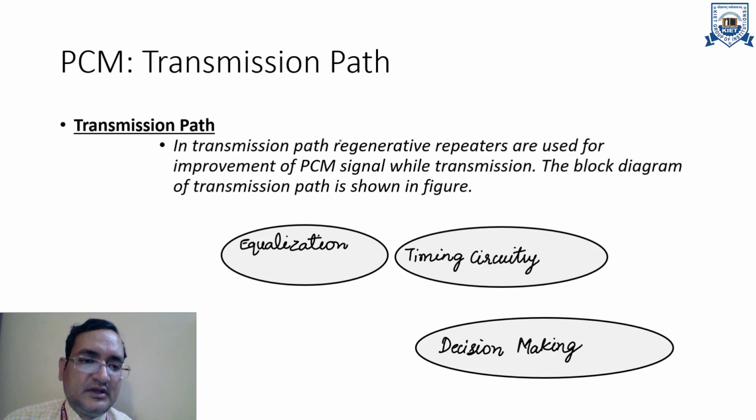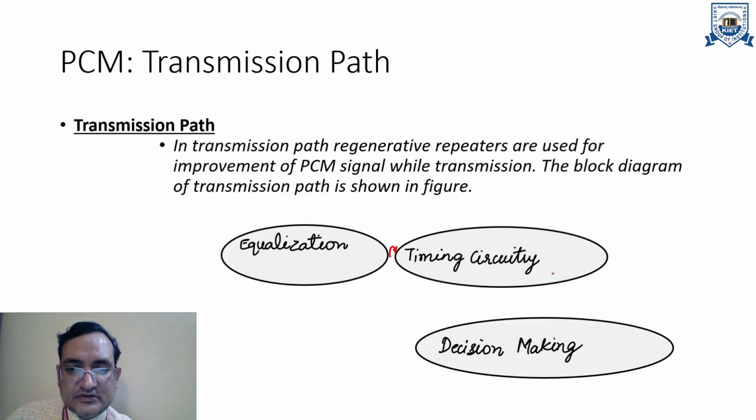Regenerative repeaters remove the noise and regenerate your transmitted signal. That is very helpful for the receiving process if long distance transmission has occurred. The block diagram of the transmission path has already been shown in the figure. That uses equalization, then timing synchronization circuitry, and decision making devices are required.